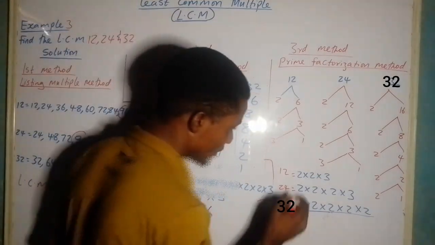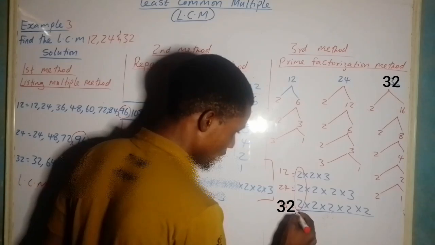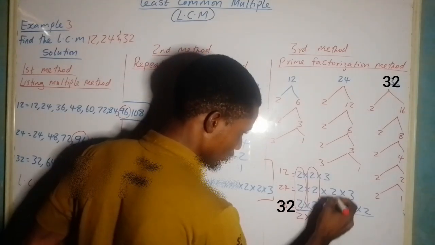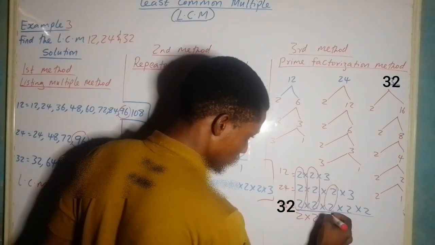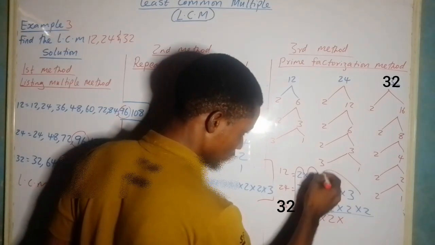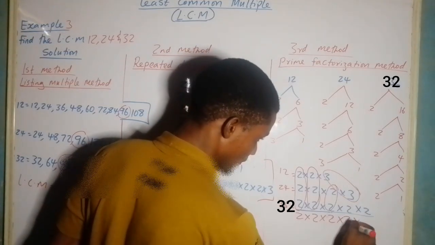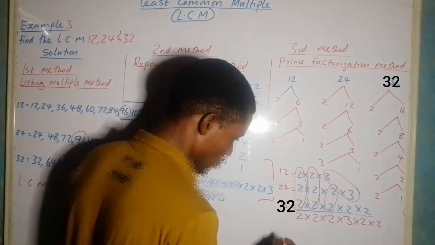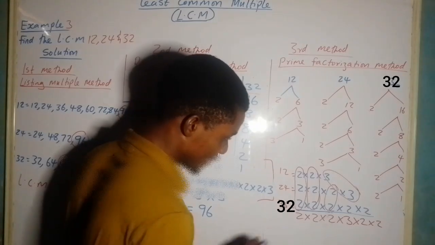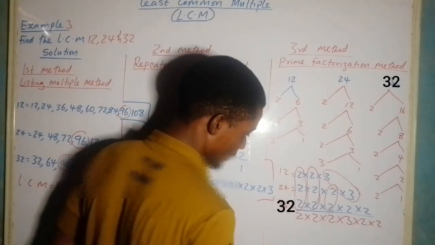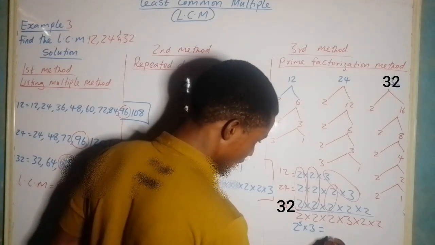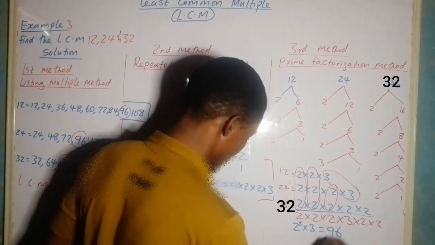So let's find the LCM. 2 is common here. 2, 2, 2, 3. 2 is left here. 2 times 2. So we have 2 in how many places here? 1, 2, 3, 4, 5. This is 2 raised to the power 5 times 3. And that's going to give us 96.